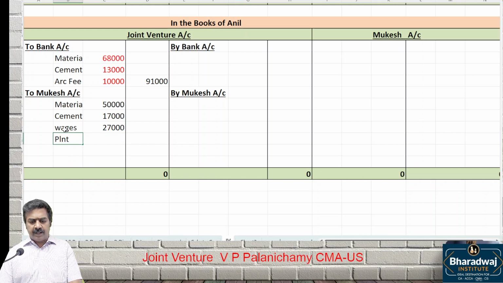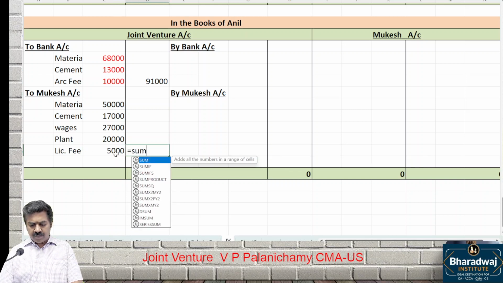20. Plant has been supplied. Plant supplied initially how much? 20,000. License fees have been paid. No need to wait. Take it up fast.